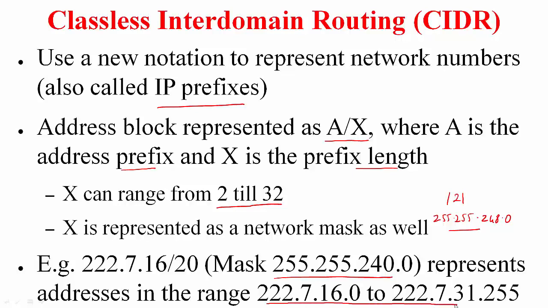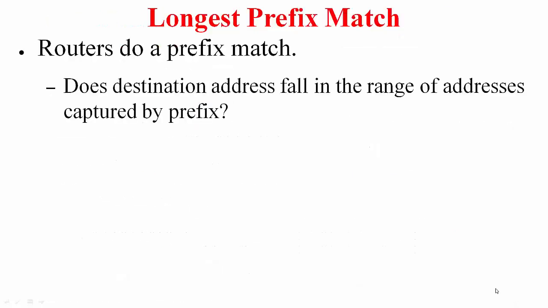A router that maintains this entry will match the destination address in an IP packet. If it falls anywhere within this range, it is going to forward it on the interface specified by this particular entry. A reiteration of what I said: routers are now going to do a prefix match. Basically, they will ask this question: does the destination address fall in the range of addresses captured by the prefix?